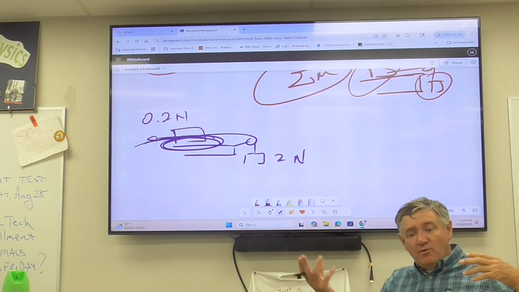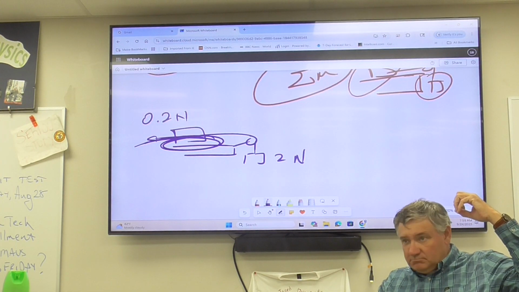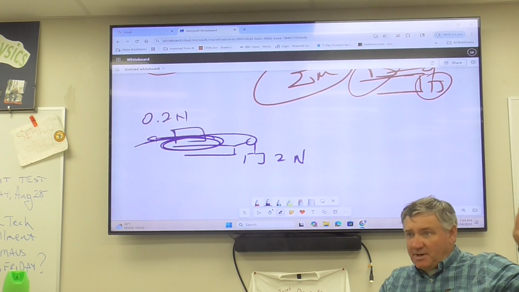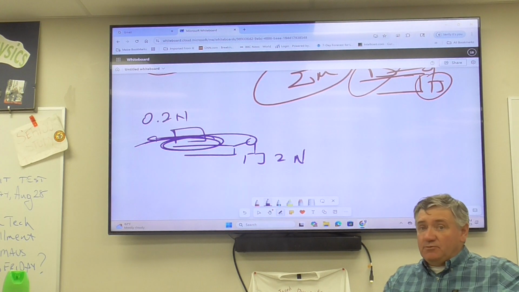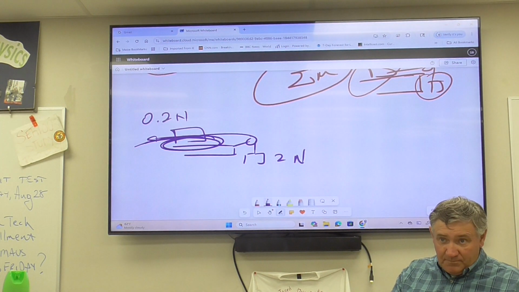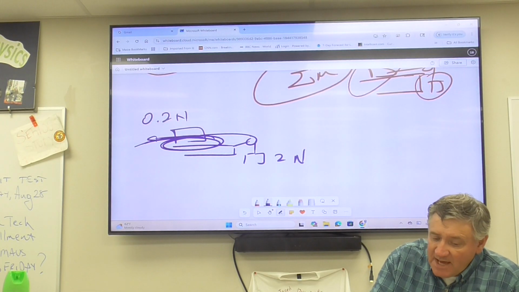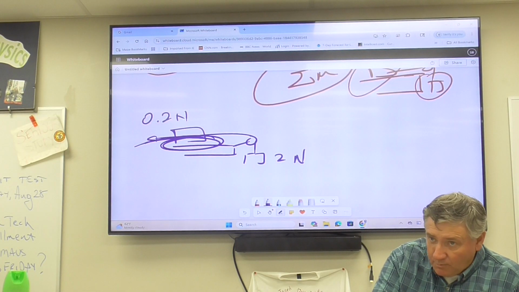Some of that force, which is pulling down on that 200 gram mass, is being used to pay off the frictional mafia that you didn't have to worry about before. So that's why that acceleration on number 4 is less than your acceleration on number 1.